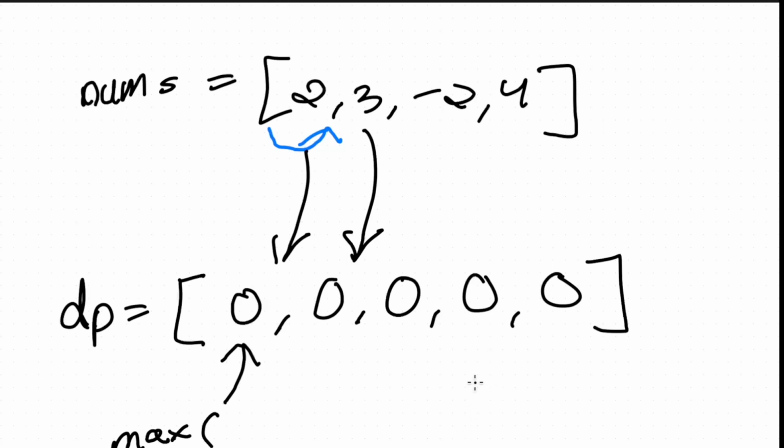I think we should have a variable to store the previous max product, and we could initialize this to 1, to take care of the case where the first number that we iterate over should be its own max.